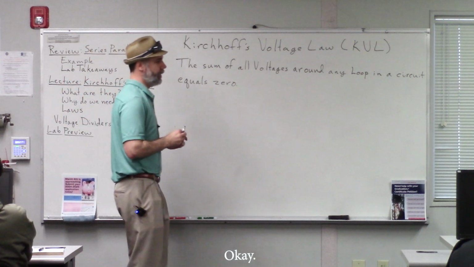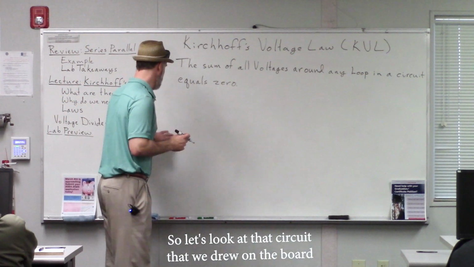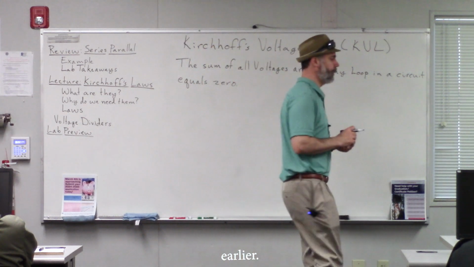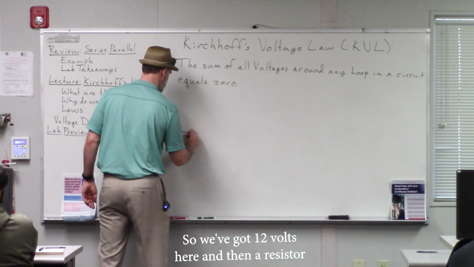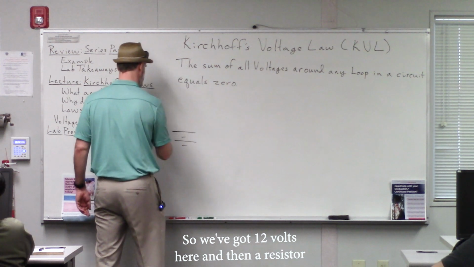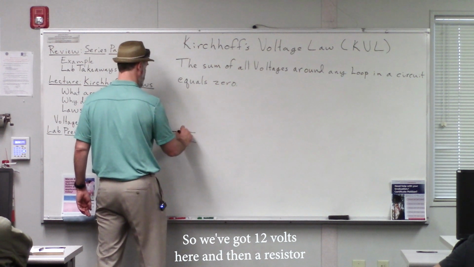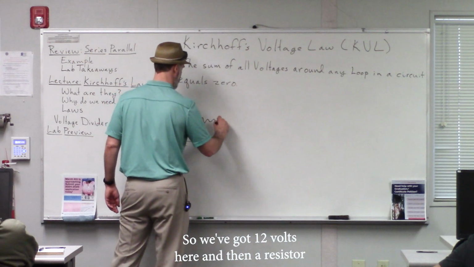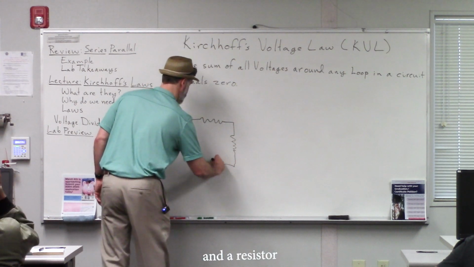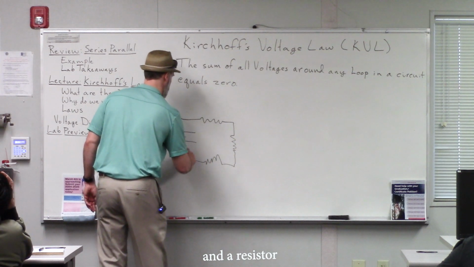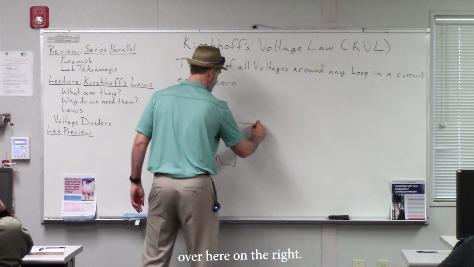Okay? So let's look at that circuit that we drew on the board earlier. So we've got 12 volts here, and then a resistor, and a resistor, and then one more resistor over here on the right.